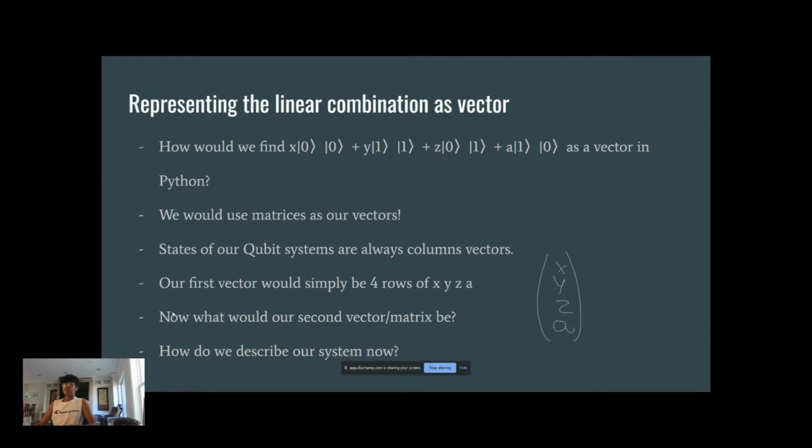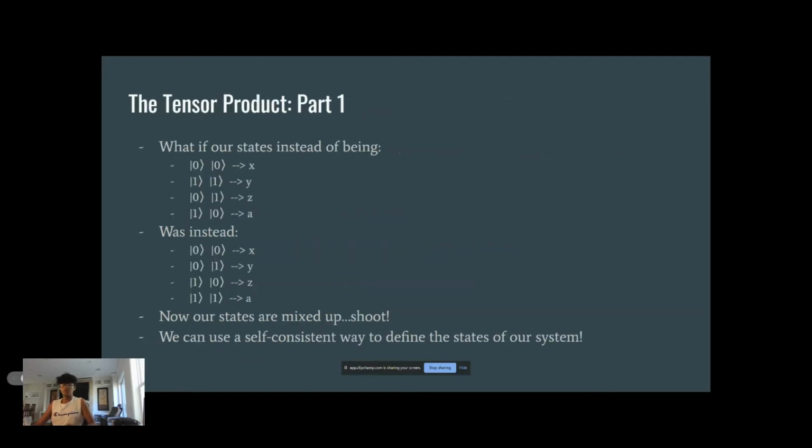And what would our second vector or matrix be, and how would we describe that system? That would simply be the amplitudes we're trying to find, which is what goes into the tensor product. So we would have 00, 11, 01, and 10 as our matrix that we would multiply with x, y, z, a to get that combination.